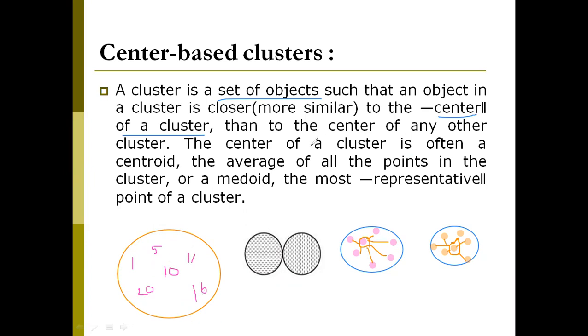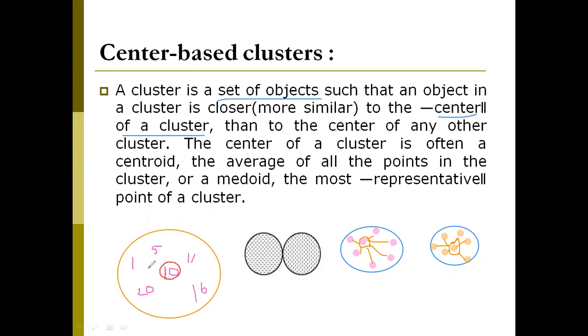So now you can find the average, mean or median value for these continuous values. Suppose you get the center point as 10. 10 is your center point now, after calculating the average of these values.